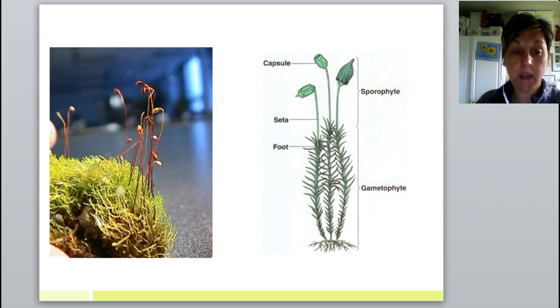Here we have moss that's growing on a rock, and it's near a body of water. We have these long tubes that grow from the moss, and those are the parts of the moss that help the moss reproduce. From those very long tubes, they're divided into two sections: the gametophyte and the sporophyte. Then you have the capsule at the top of that stalk.